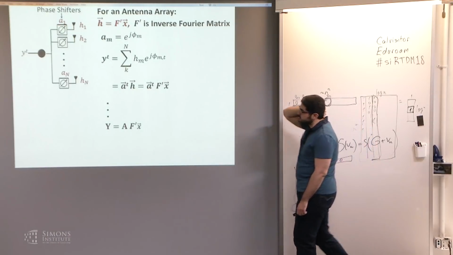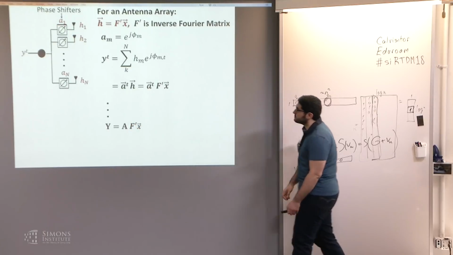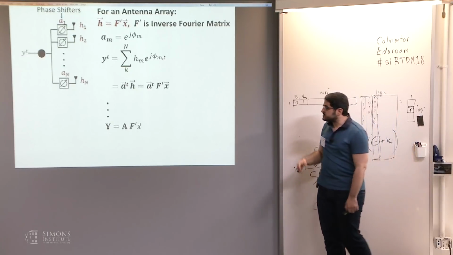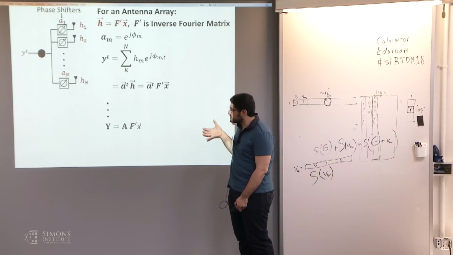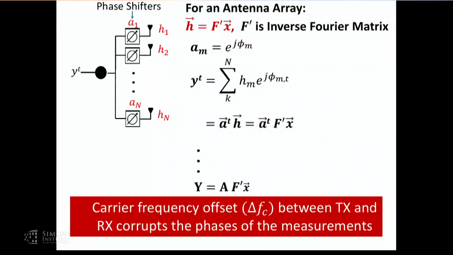Okay, so basically, this is sparse. This is a standard sparse recovery problem, but it turns out it's not as simple. There's a catch here, and the catch is there's something in RF called carrier frequency offset. For the purposes of this talk, you don't really need to know what that is. But what you need to know is that it creates a phase that corrupts the phase of the signal that we're measuring. And this phase changes very quickly with time.